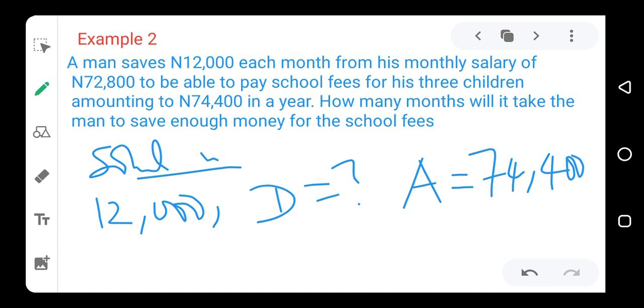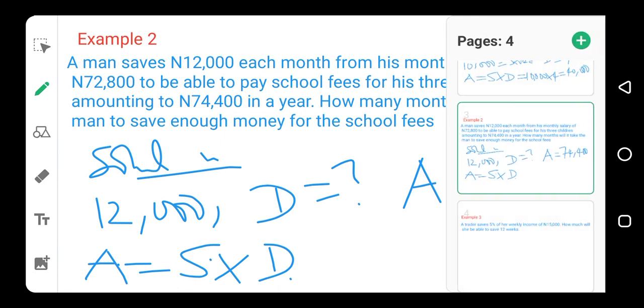Now, we said that to get saving, we multiply the amount saved per month by the duration. So amount saved is equal to the saving times the duration, which is D. Now we have the amount and we have the saving, but we don't know D. So we put everything there.